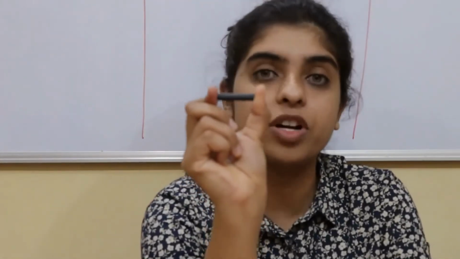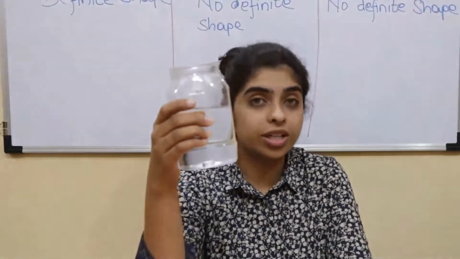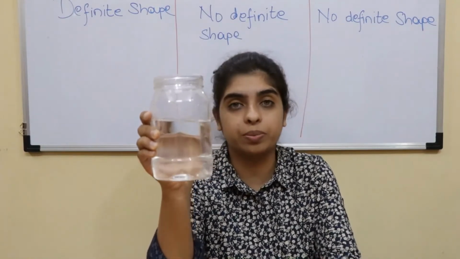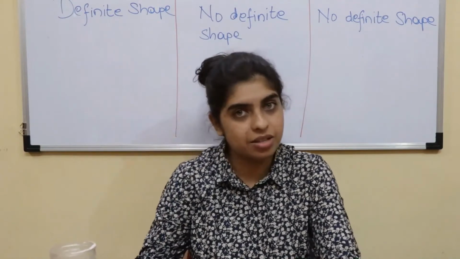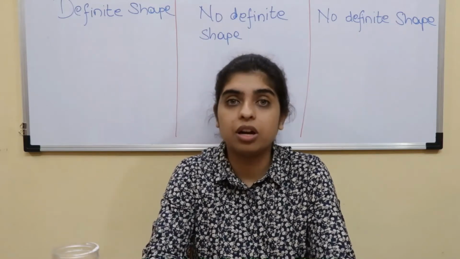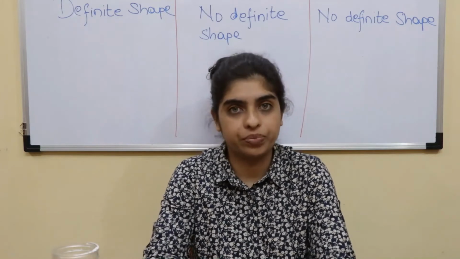Why will it? Because it is a solid, it has a definite shape, it has definite volume. The volume is not going to change. If I take water, water does change its shape, but it has a definite volume. And gases do not have a definite shape, neither do they have a definite volume.